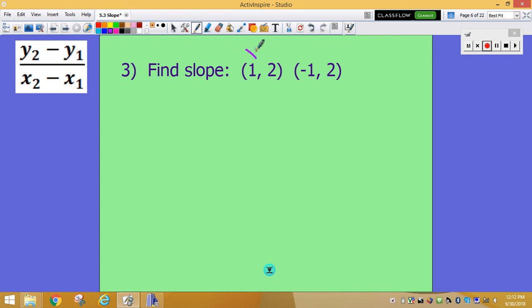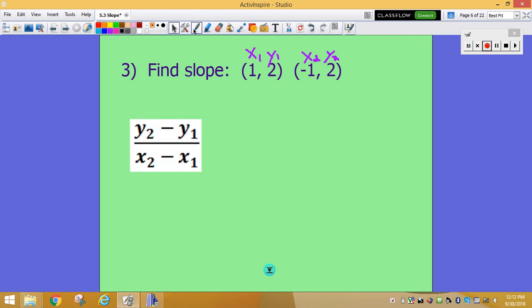All right, here's another one. Label them x's and y's, x's and y's. First one gets 1s, second one gets 2s. Let's plug them into this equation that I have. y2 is 2, y1 is 2. On bottom, x2 is -1, x1 is 1.